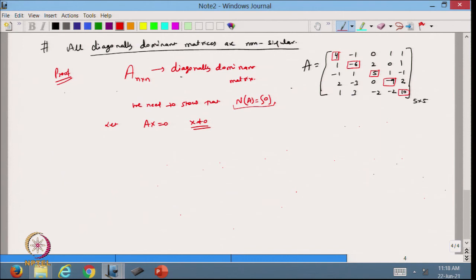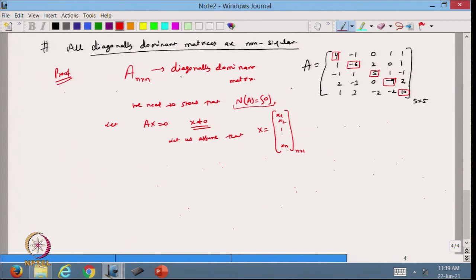Because x is there, x is basically x1, x2 up to xn. It is an n cross 1 system.